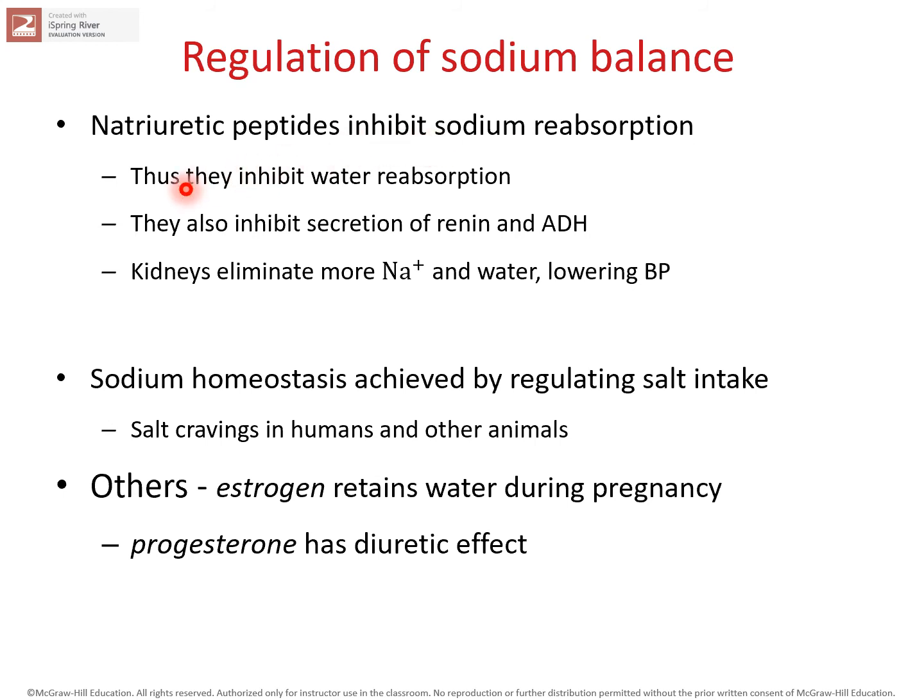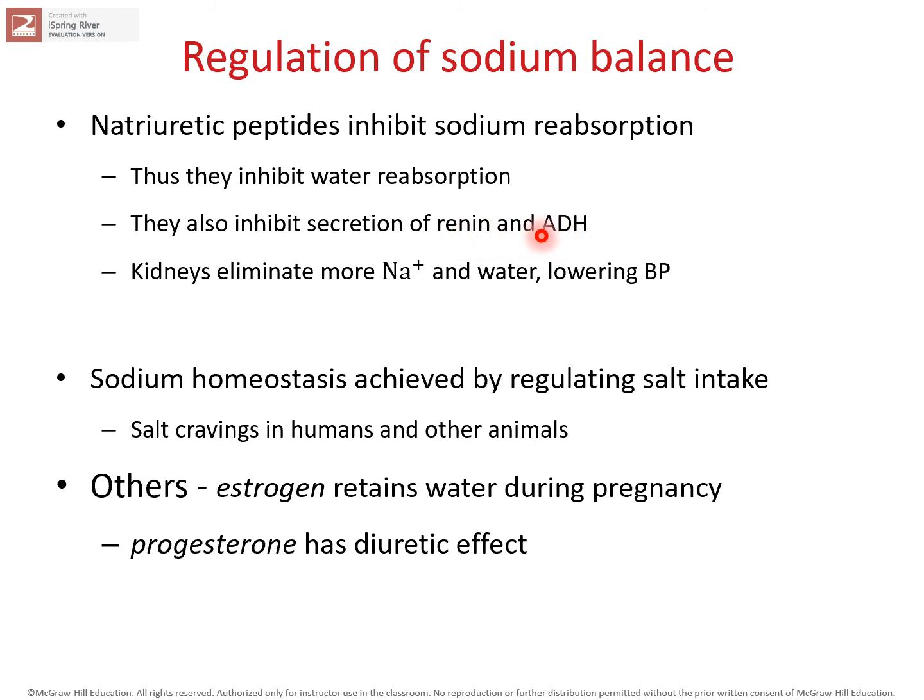Now, when we have a high blood pressure, our heart cells stretch and we secrete a hormone known as atrial, meaning atrium, atrial natriuretic peptides from the heart. Now, these natriuretic peptides act on the kidney and they inhibit secretion of renin and ADH.